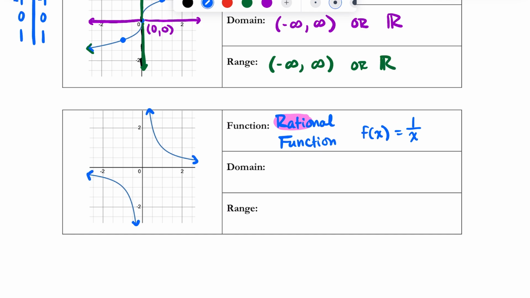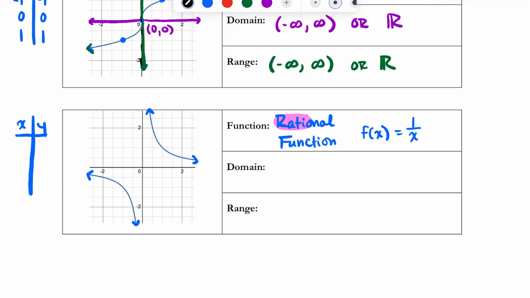Now, before we make our table of values, I can go ahead and set that up here. We have to look at the function. Remember, our function here is 1 over x. Well, if that's a fraction, if we think about that, that's really just division. And what number can you never divide by? 0.